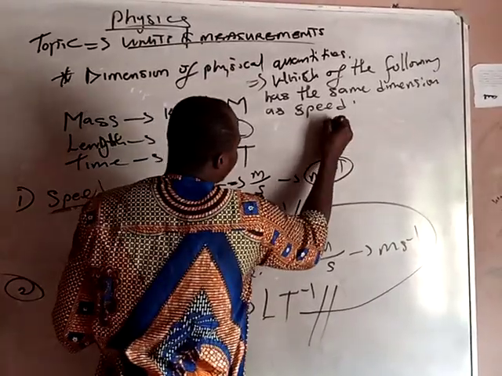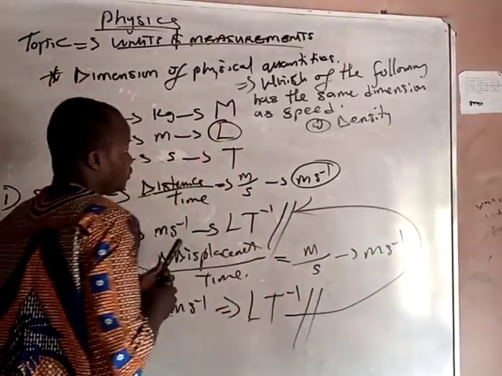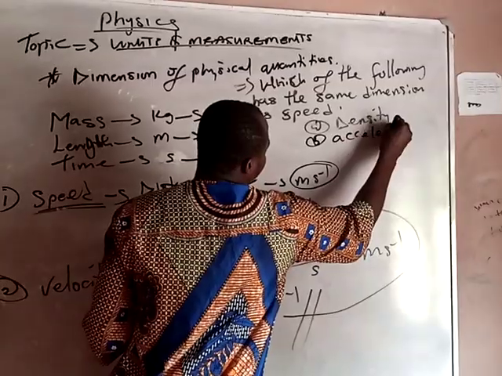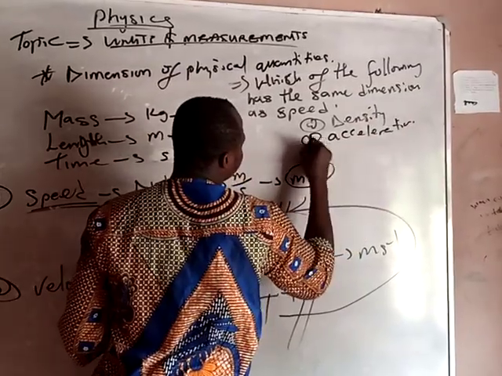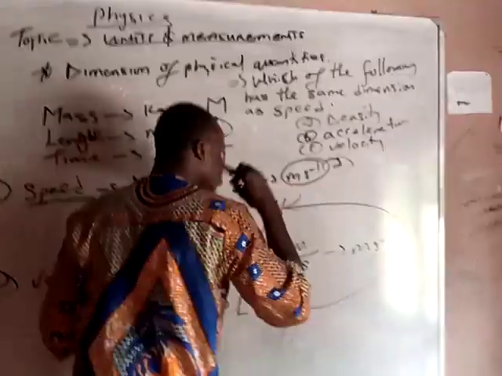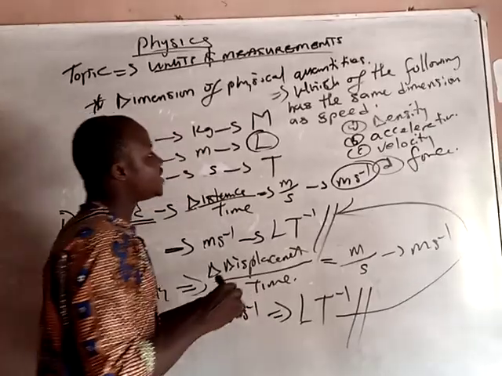They will say A, density. They will say B, acceleration. They will say C, velocity. They will say D, let me just put force. They will just scatter it like this.